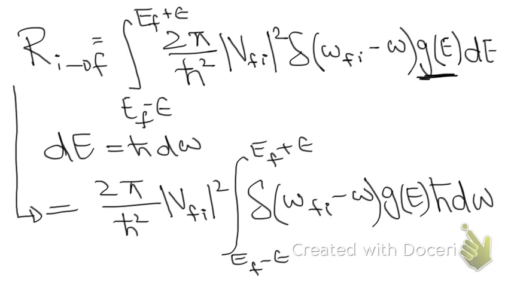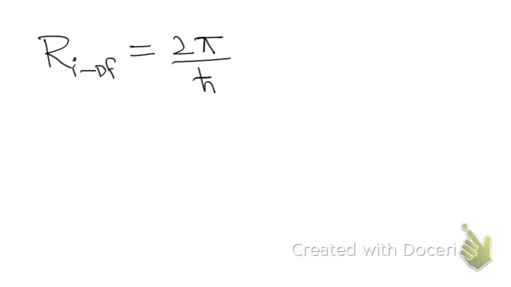And so the result of all of this expression is then going to be my R I to F. This transition rate is going to be equal to 2 pi over h bar. We will not have the square over here because it cancels out with the multiplicative h bar that we had, and this thing over here times the density of my states.